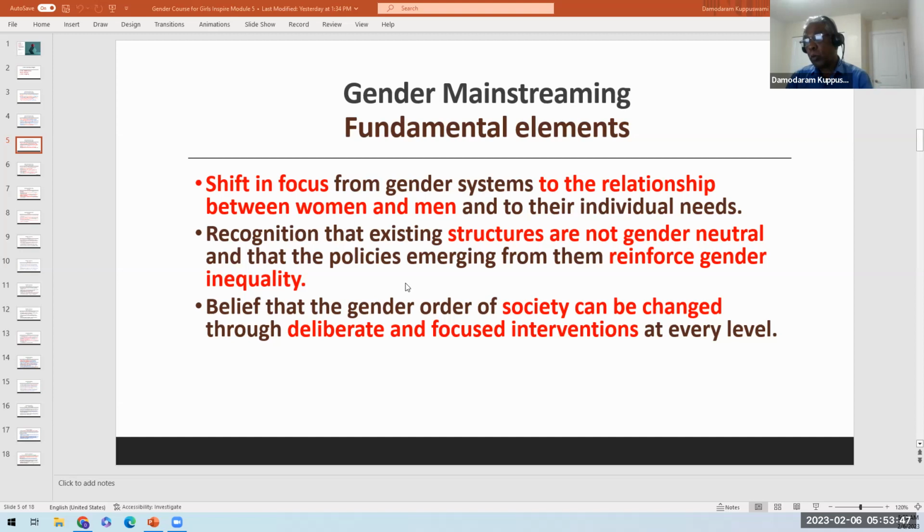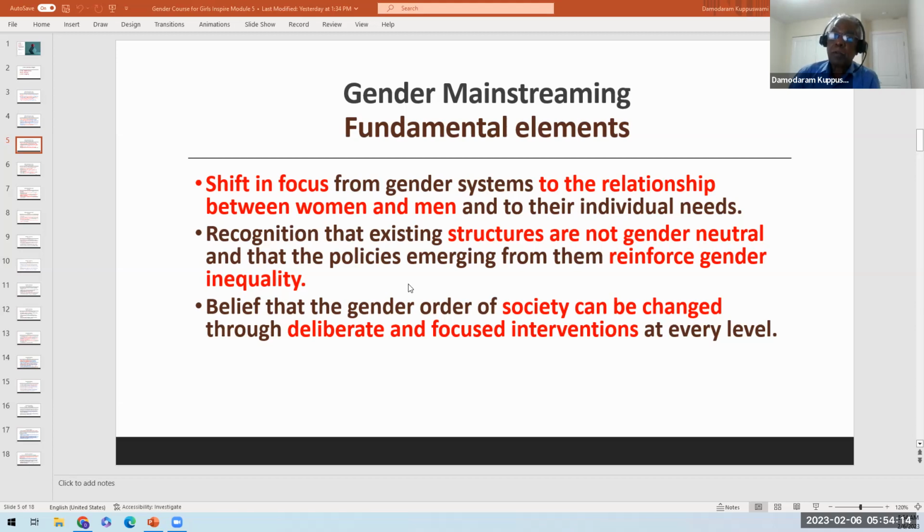The focus goes beyond that to see the relationships between different genders and what the individual needs are. So we are going from the larger picture to the specific: wherever we work, how does it translate into establishing the relations between different individuals and their needs.